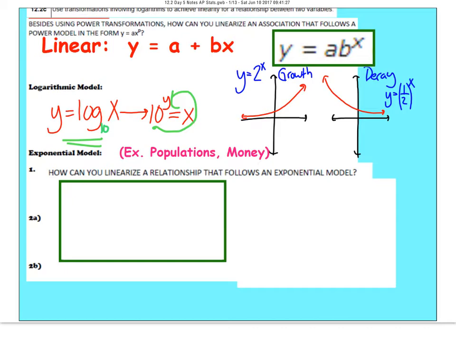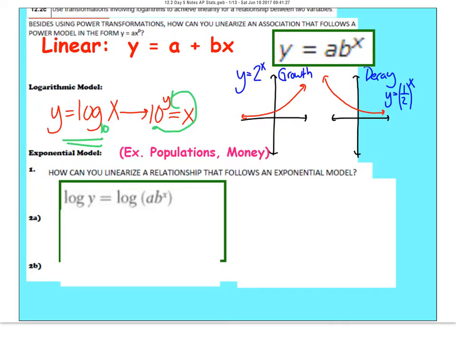So how do you linearize relationships that follow an exponential or a logarithmic pattern? What you would first do is take the log of both sides. Remember in Algebra 2 and in pre-calc, you learned if you had a function like this, you could take the log of both sides.